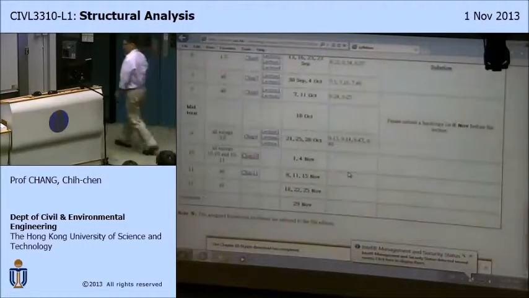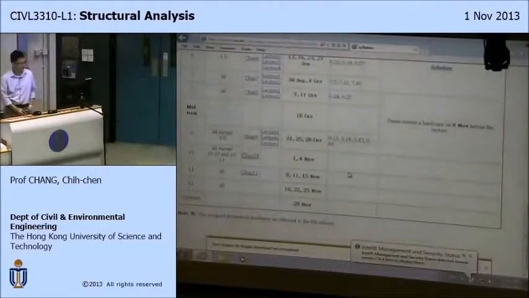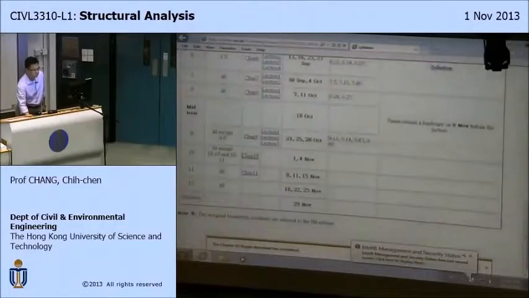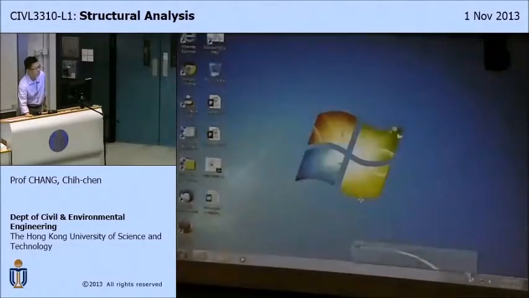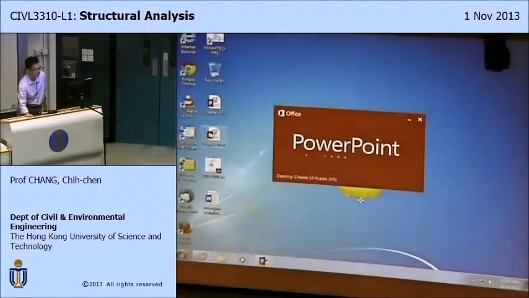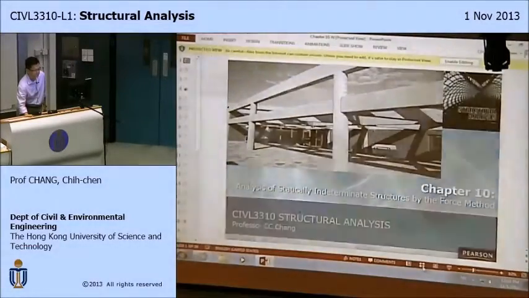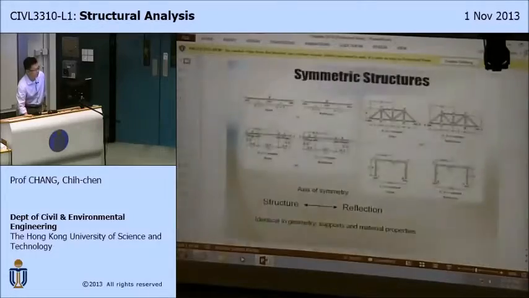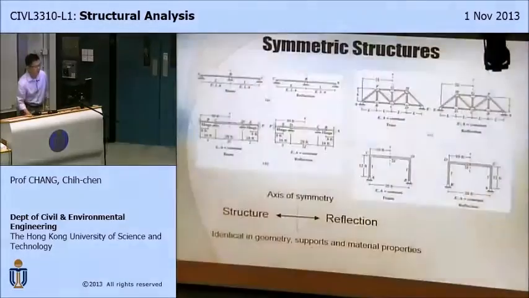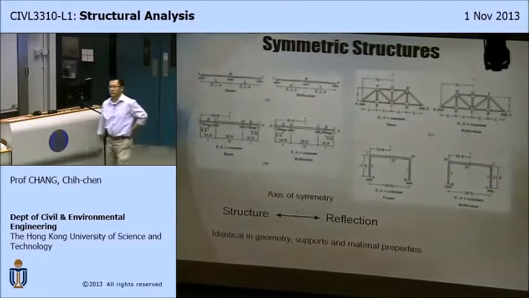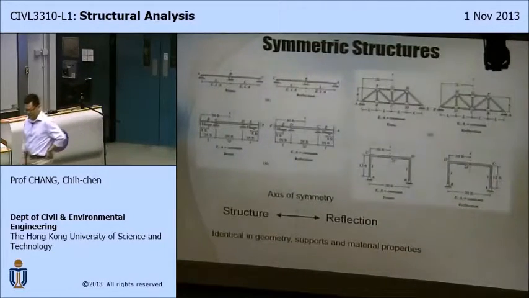Okay, so let's move on to chapter 10. We are trying to analyze indeterminate structures now.